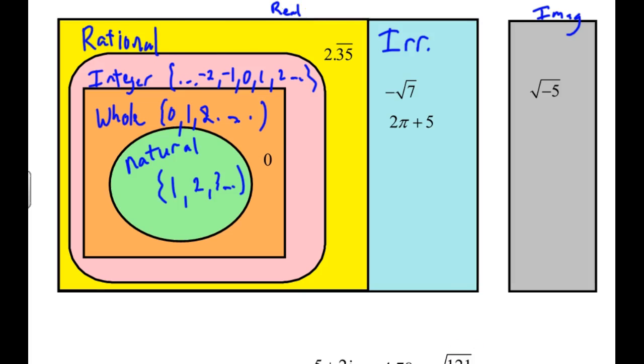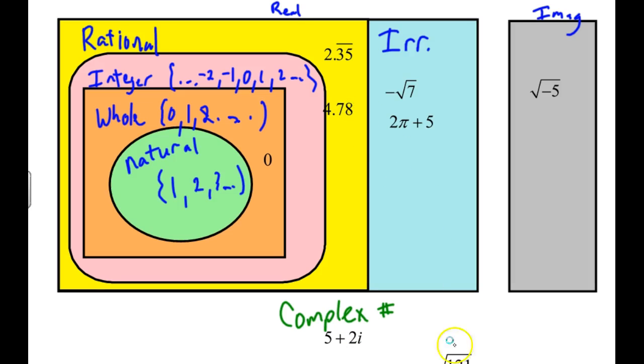And if we wanted to go to the bigger overarching category there, all of these numbers, real and imaginary, are part of the complex number system. So every number you've ever heard of is complex. In fact, some numbers are specifically called complex, like this one, which has a real part, 5, and an imaginary part, 2i.